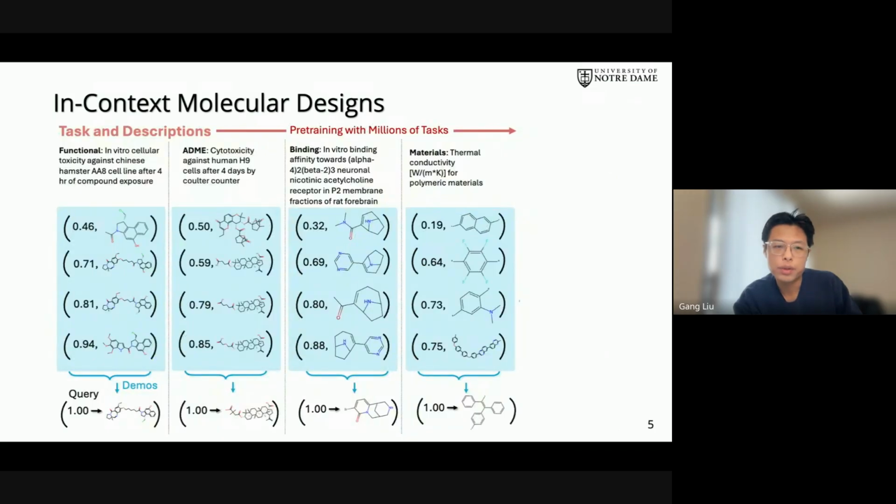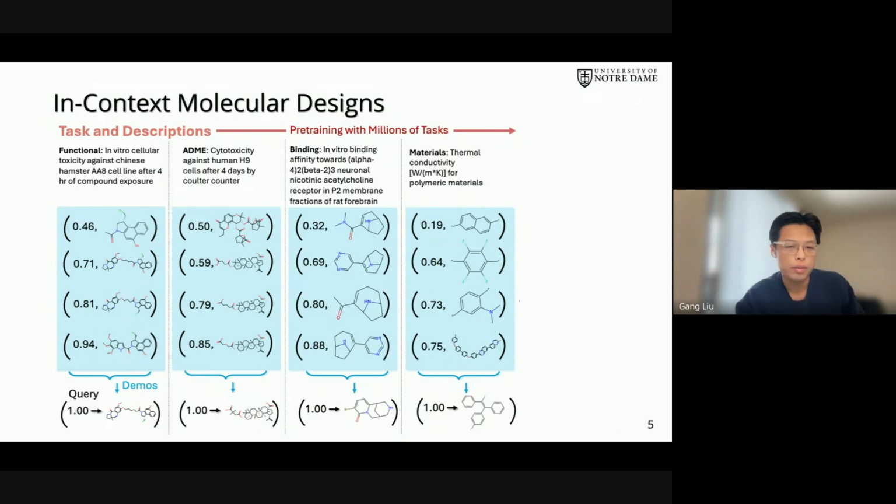So building molecular foundation models based on the demo-defined task is challenging, but it's possible. Because you can see from the ChEMBL database, there already exist millions of assays. So we have millions of tasks to pre-train the models. We can also augment the pre-training tasks with material properties. Here we show a few examples.